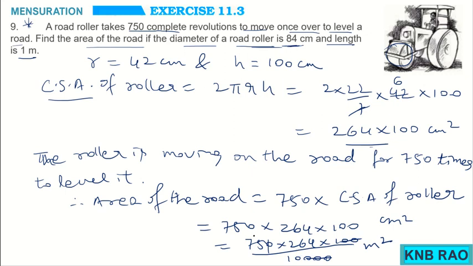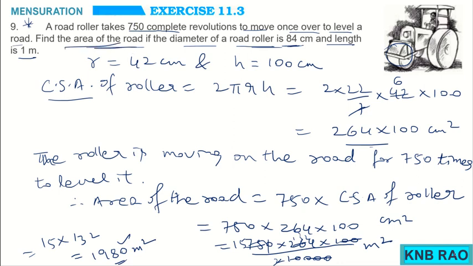Now I am left with this 10. So 75, 5 15s are 75, 5 2s are 10. So now 2, 132. So the product of 15 and 132 will give the area in meter square. It is 1980 meter square is the area of the road.